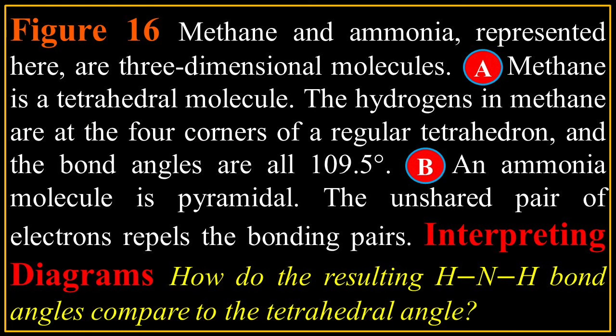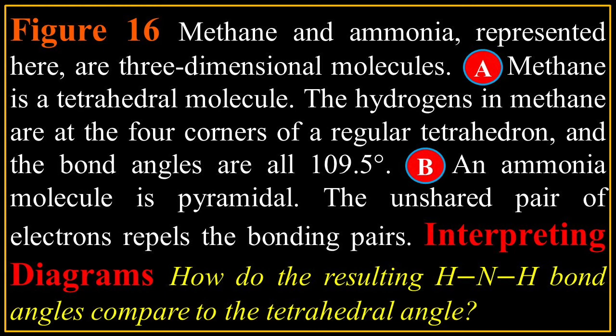Methane and ammonia, represented here, are 3-dimensional molecules. Methane is a tetrahedral molecule. The hydrogens in methane are at the 4 corners of a regular tetrahedron, and the bond angles are all 109.5, close to that of water, and there's a reason for that. An ammonia molecule is pyramidal.